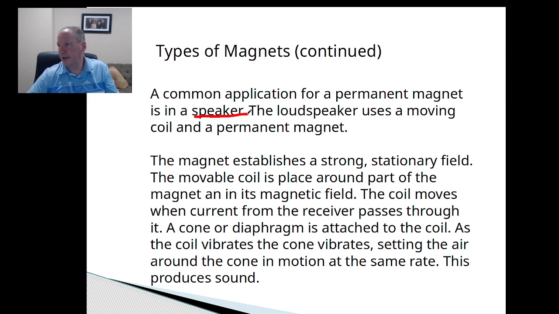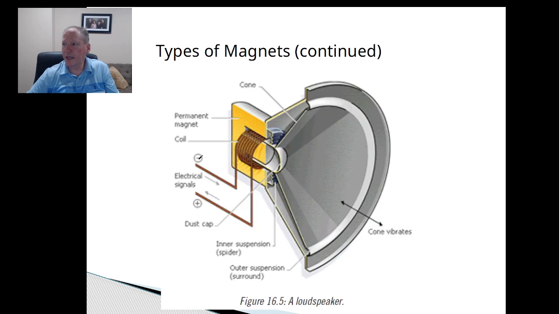So a permanent magnet that you're probably all familiar with is the magnet in a speaker. That is going to have a coil and then a permanent magnet. And when the electrical signal goes through the magnetic field, it's going to vibrate, and then that cone will produce sound.